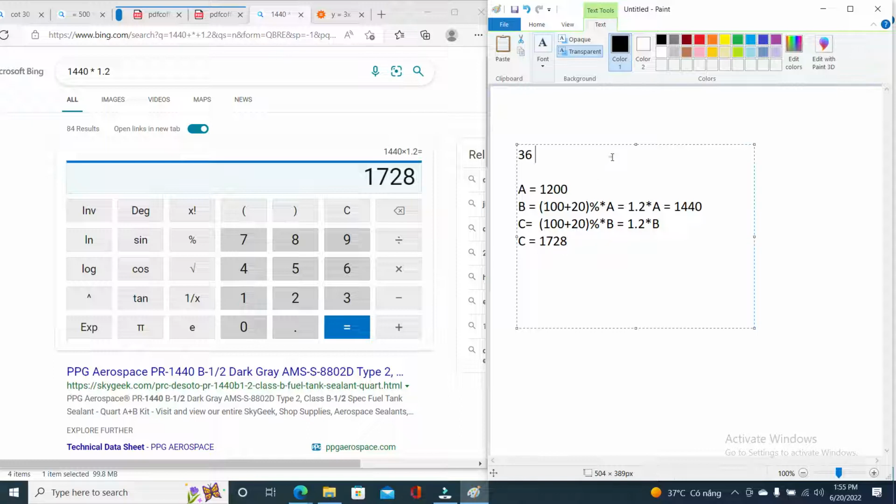So the answer is 1728. So it's almost the taxi cab number, right? 1729. In this case, is 100,728. Okay, yeah.